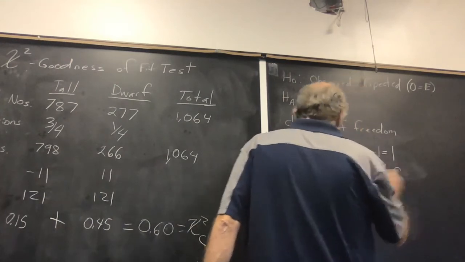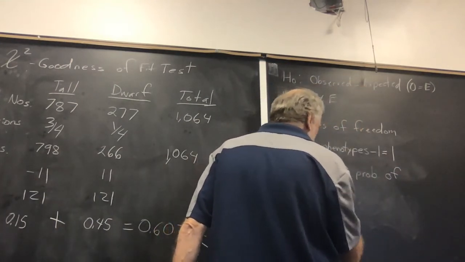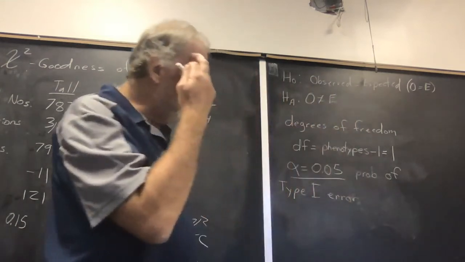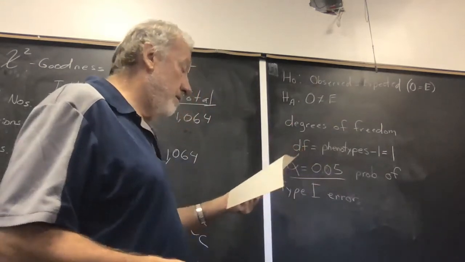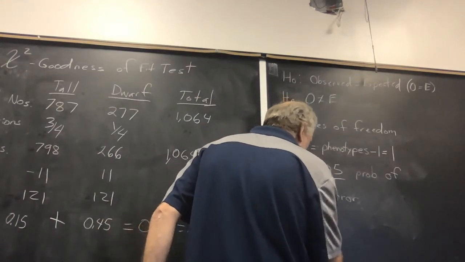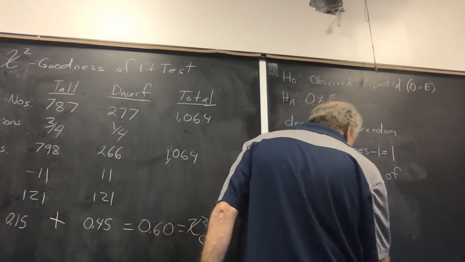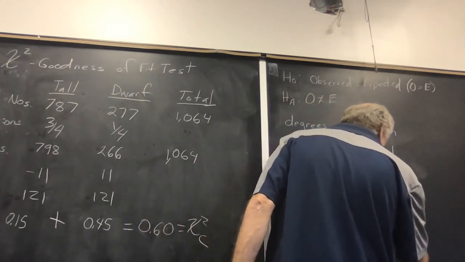This is like saying 5% of the time we're allowing for a type 1 error, and in a type 1 error, we would reject H sub naught, the null hypothesis, when H sub naught is true.